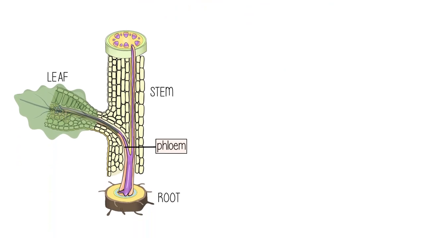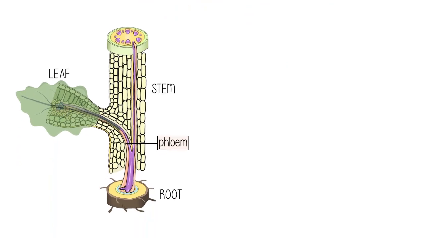And there is such a vessel, called a phloem vessel, which is different from a xylem vessel. The phloem vessel is responsible for transporting assimilates. Assimilates is just a fancy name for the products that are manufactured or synthesized by the plant, carried to areas where they're needed using energy from ATP.